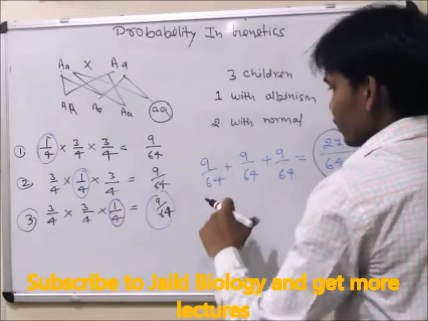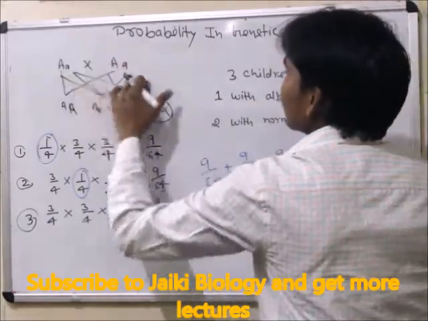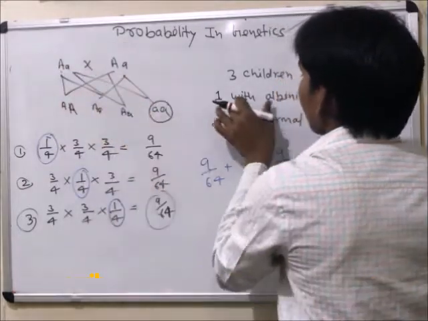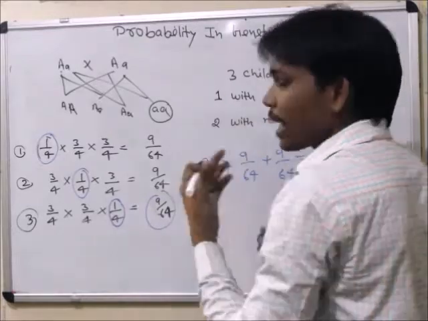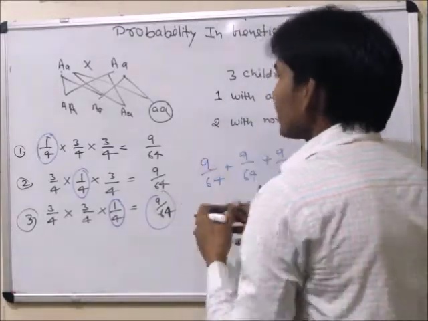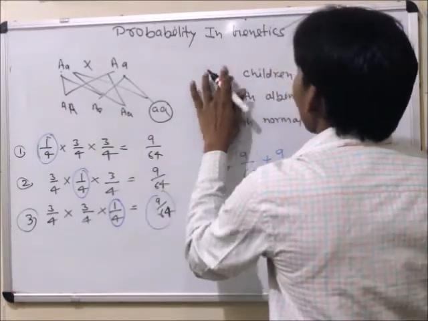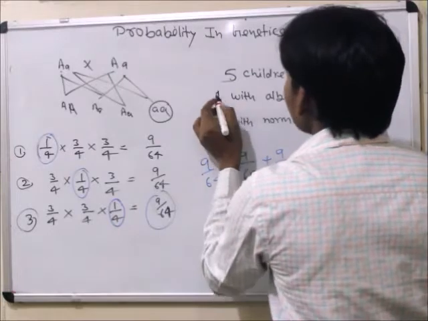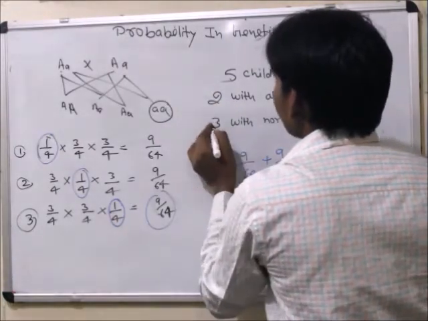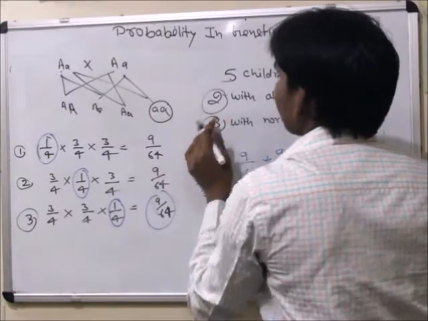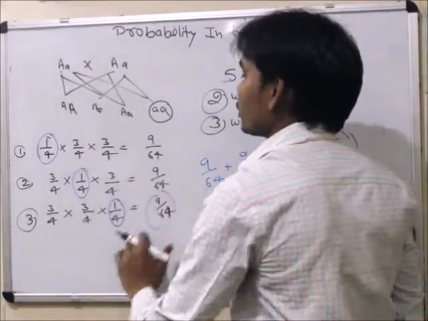If another question asks that these parents with heterozygous conditions have 5 children, with 2 with albinism and 3 with normal, then the question becomes complicated to solve this way.